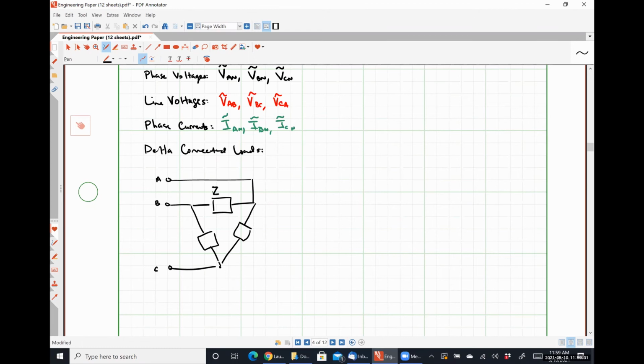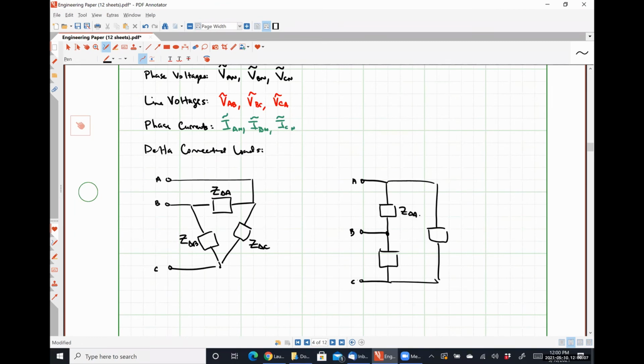Where we'll call this guy Z delta A, this guy Z delta B, this guy over here Z delta C. Z delta A, Z delta B, Z delta C. All right, so because it's a delta connected something, it should be fairly easy to see that our phase voltages and our line voltages are going to be the exact same quantities.